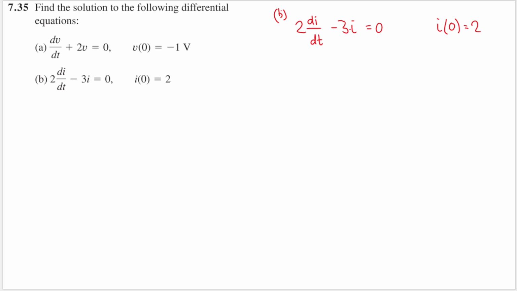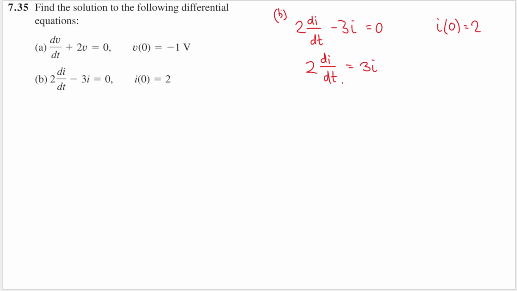We want all the variables to be on one side, so I want all the i on the left hand side and all the t on the right hand side. Okay, let's do exactly that. So I'll have 2 di over dt, and that will equal 3i, right?